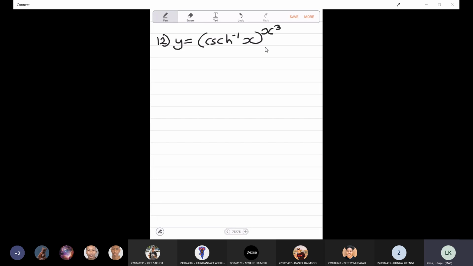So doing that, we have ln of y is x cubed ln of cosec inverse of x. And then now we differentiate. On the right hand side, we will just use the product rule. So we have y prime over y.